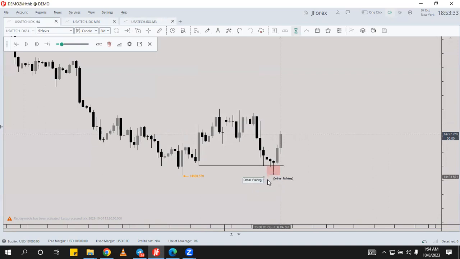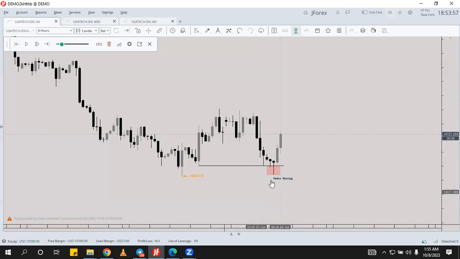The smart money are pairing their buy orders with the sell stops that were resting below this low here. That is what we call order pairing. So as a result, a smart money buy program has been activated as a result of this order pairing, or what we call a stop hunt.